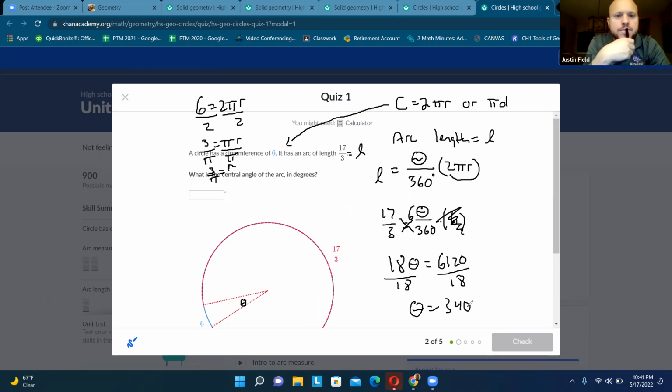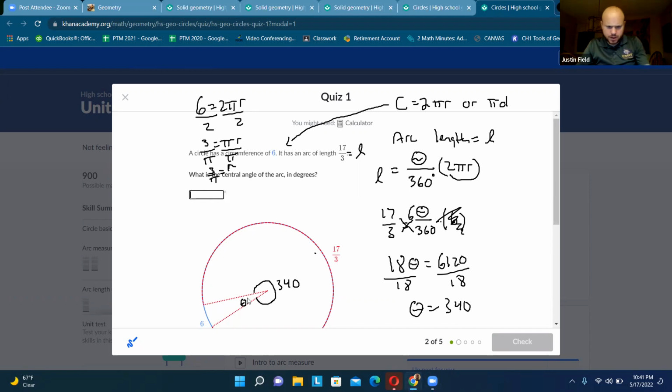But if the arc length 17/3, oh, I see. Yeah, this would be 340. If they're asking what is the central angle of the arc with 17/3, then it's 340.